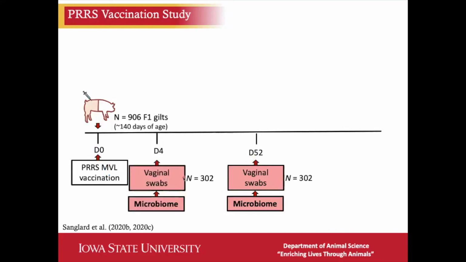Animals were vaccinated with PRRS, and a subset of them, 302, had vaginal swabs collected 4 days after the vaccination, because we're trying to mimic some time after if there is an outbreak going on. And then 52 days later, just because that was the day that we also collected blood samples to measure antibody response. So we collected vaginal swabs and we looked at the microbiome of these individuals.